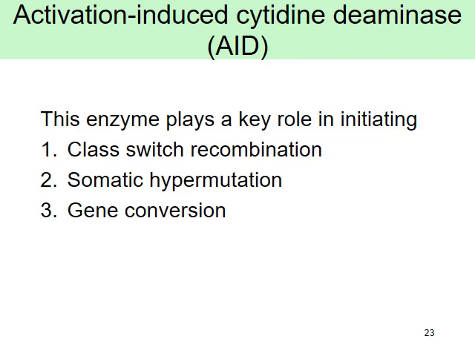And I said you need to know at least one other important enzyme, which is called activation-induced cytidine deaminase. It's called AID. And as the word suggests, you can see there are a lot of players over here. The most important thing is activation. And this is the major enzyme in the class switch recombination.